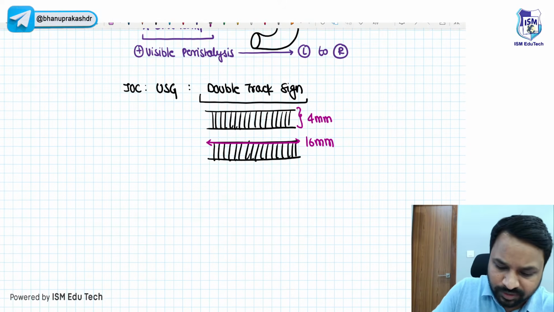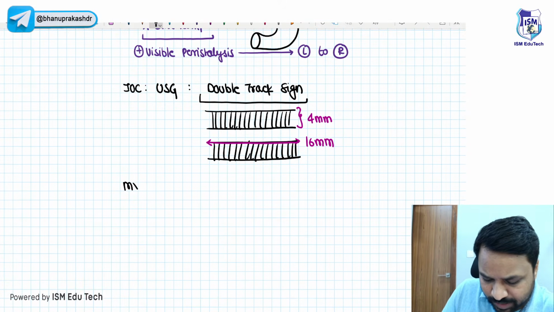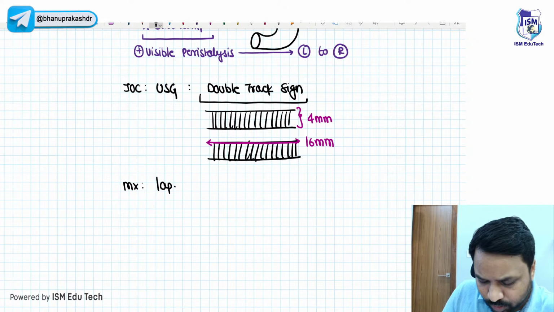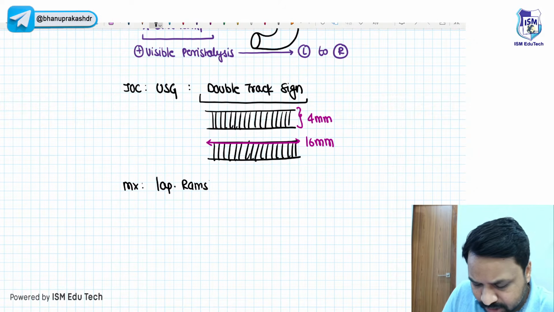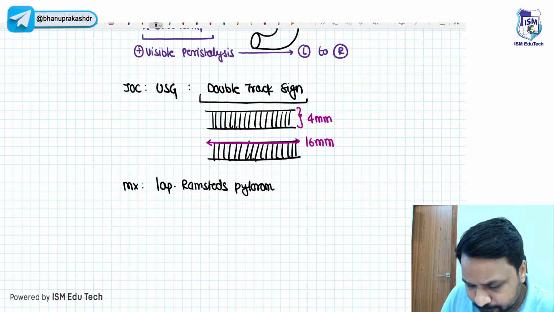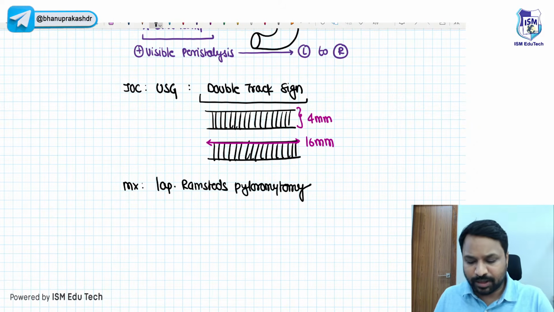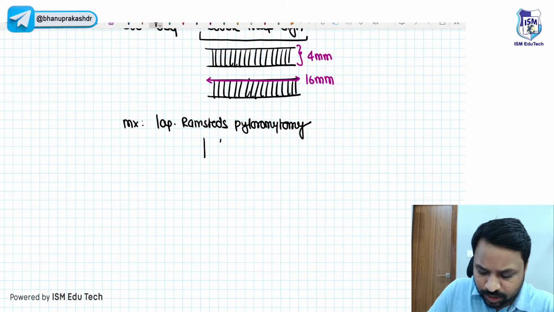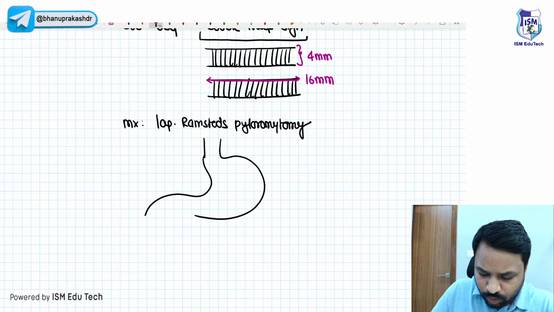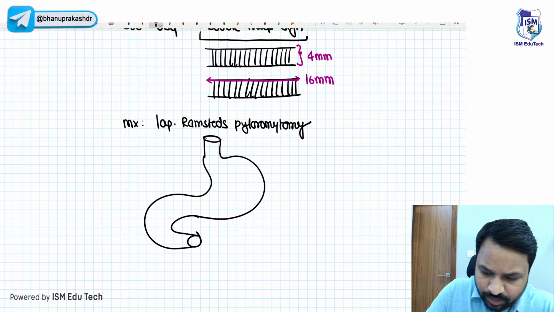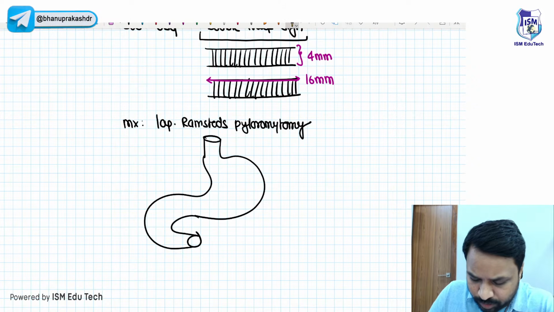Now, once you have made the diagnosis of CHPS, the management is going to be laparoscopic Ramstedt's pyloromyotomy. So, in the Ramstedt's pyloromyotomy, I am going to open from the external surface. So, this is where I will put the incision, right? I will open up the serosa.